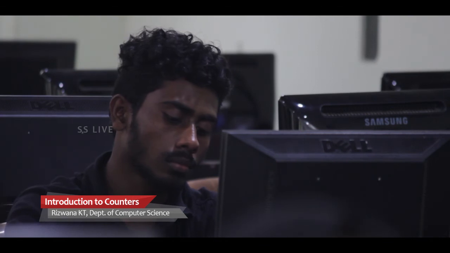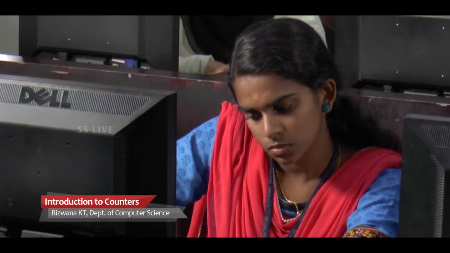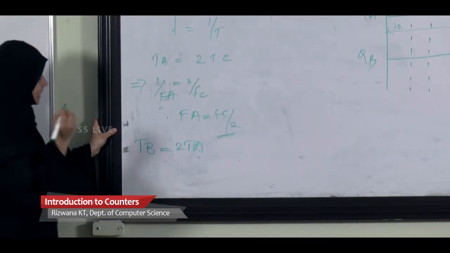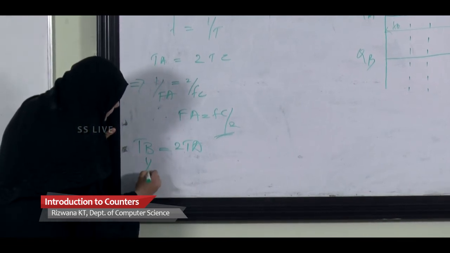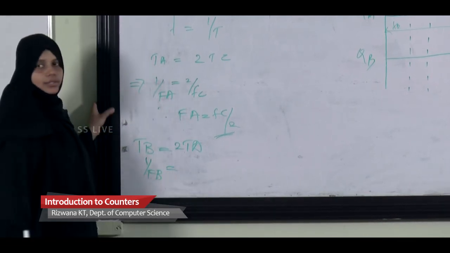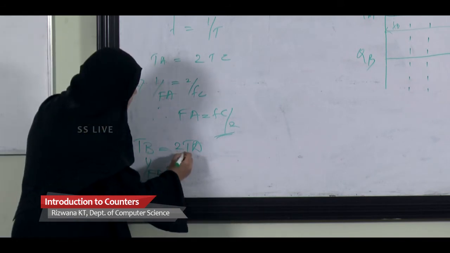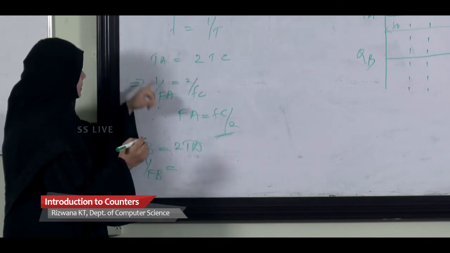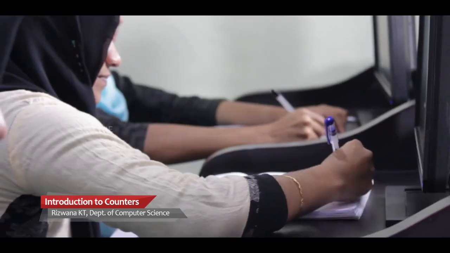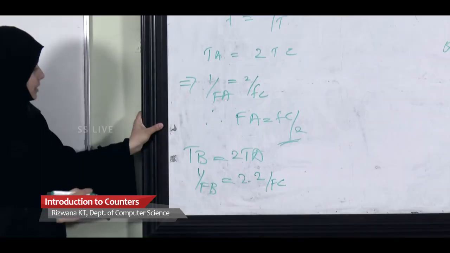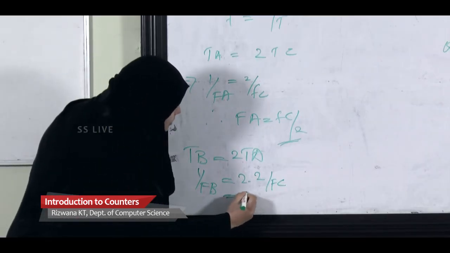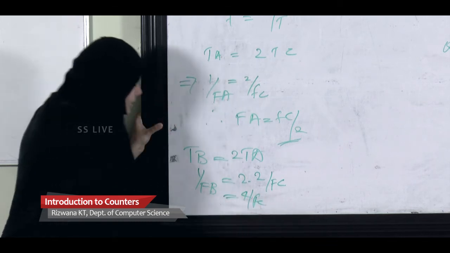And next we will see Tb, which is equal to 2 times Ta, that is 2 Ta, which means 1 by Fb is equal to 2 Ta, where Ta is equal to 2 by Fc, which is equal to 4 by Fc.